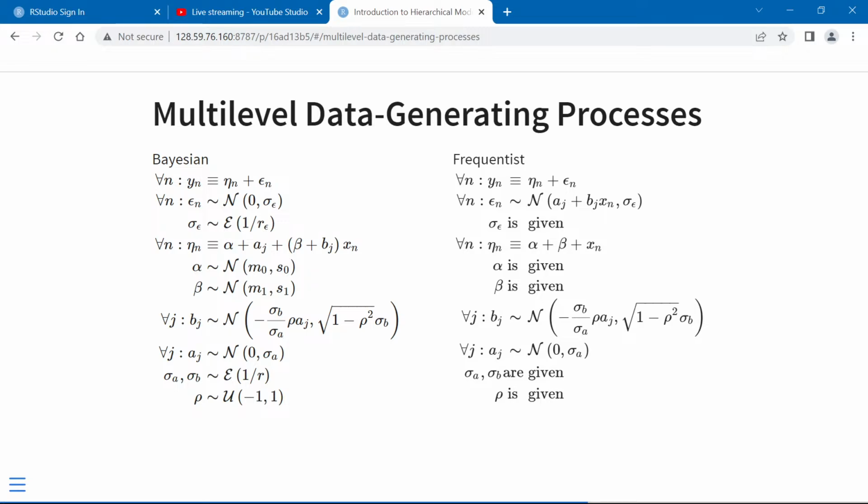What does it look like from a frequentist perspective? Okay, that's the same. From a frequentist perspective, the errors are normal, but their expectation depends on x: a sub j plus b sub j times x. Consequently, these errors are correlated with the x's.